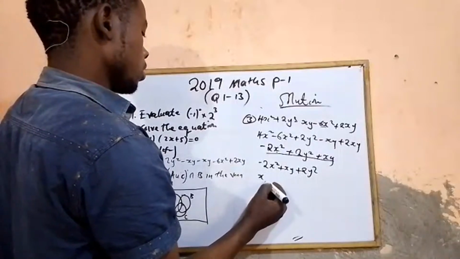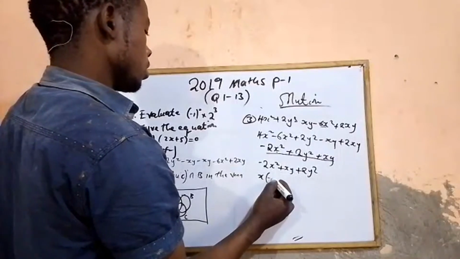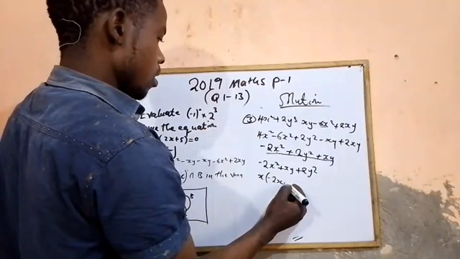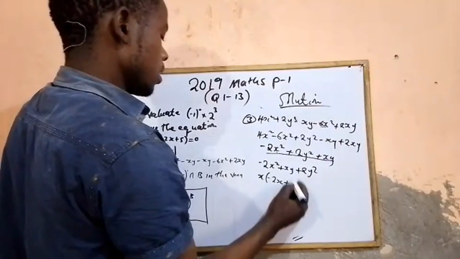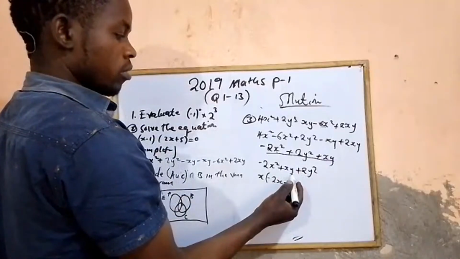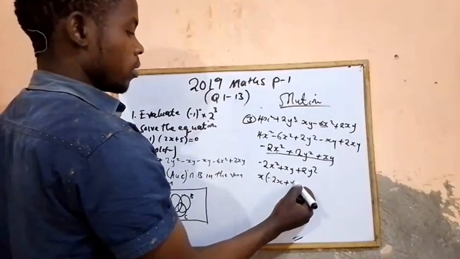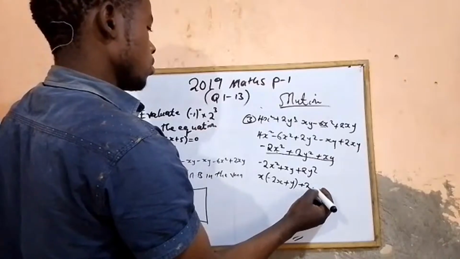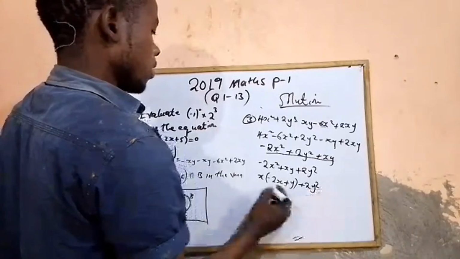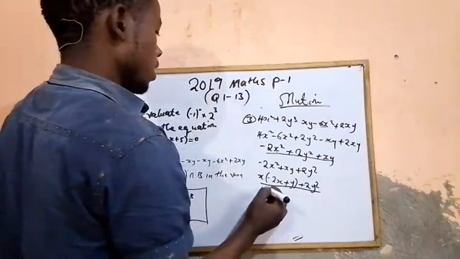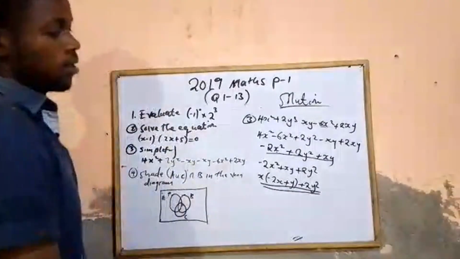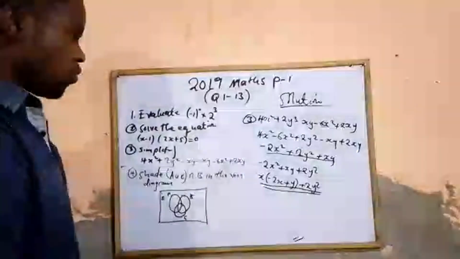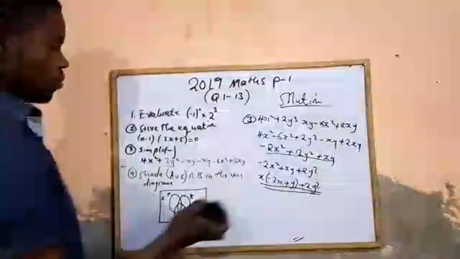So we are going to have x outside, then remain with minus 2x, then plus, we remain here, x into here, we are going to remain with 1, then plus 2y squared. This is how we simplify this thing. Okay, so now we move on to question 4.